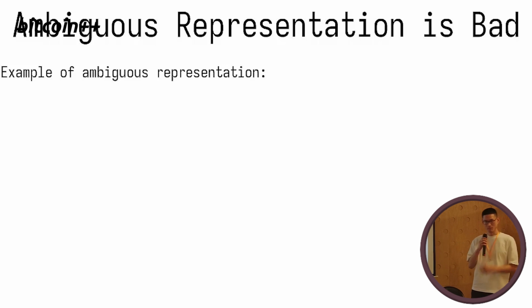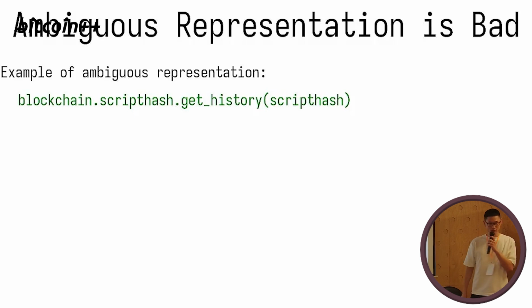So ambiguous representation is bad. An example of ambiguous representation is in fact the Electrum API. Electrum is based on a JSON RPC and has a method called getHistory.